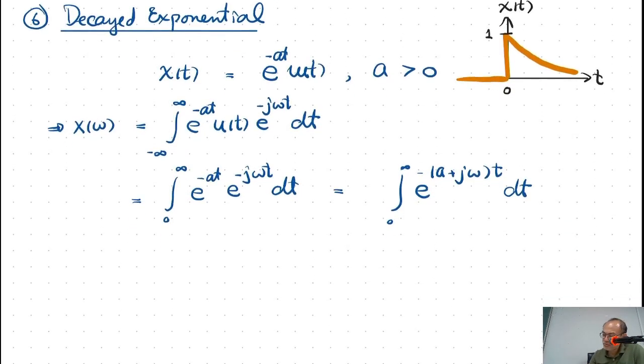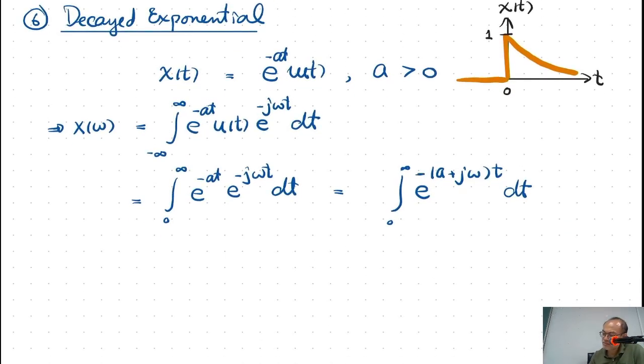Now I can use calculus 1 to integrate it. This gives me minus 1 over a plus j omega, times e to the minus a plus j omega t, evaluated at infinity, minus e to the 0.